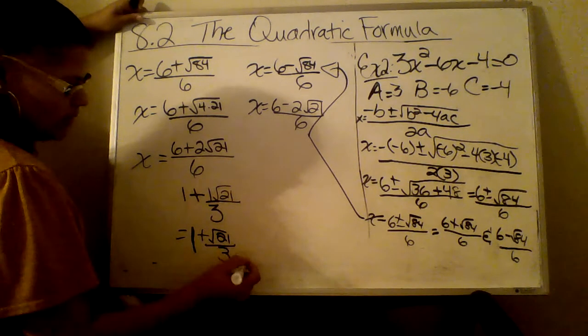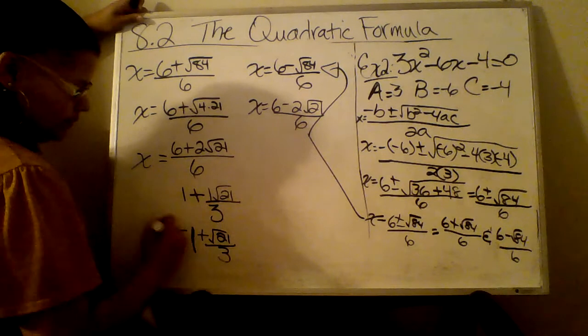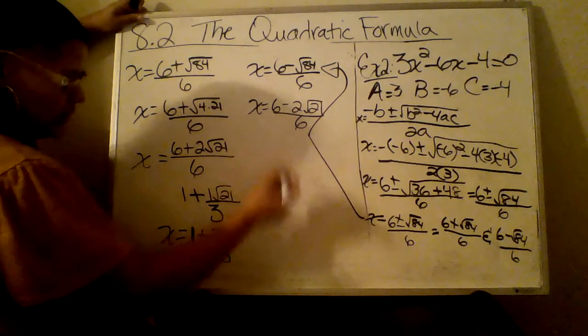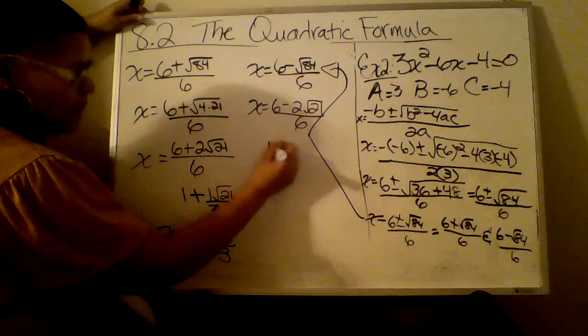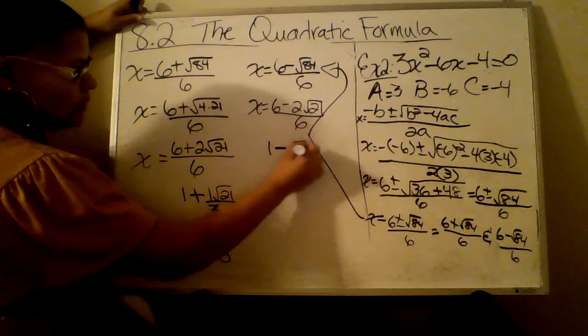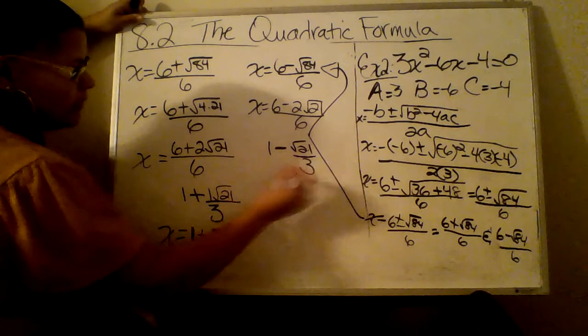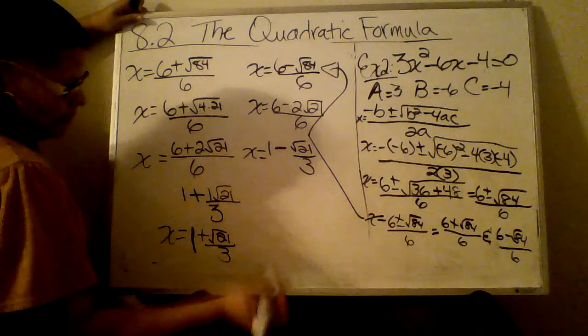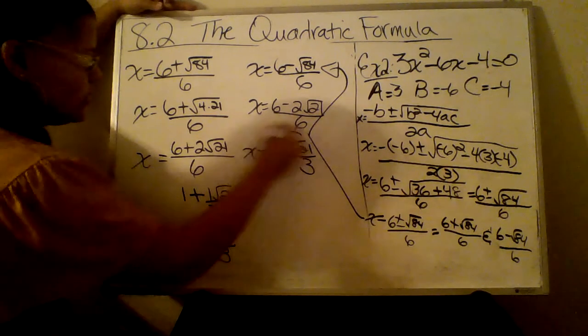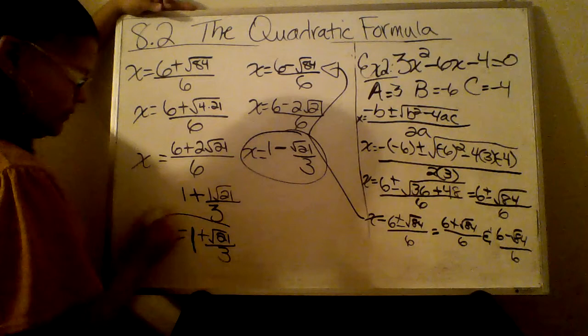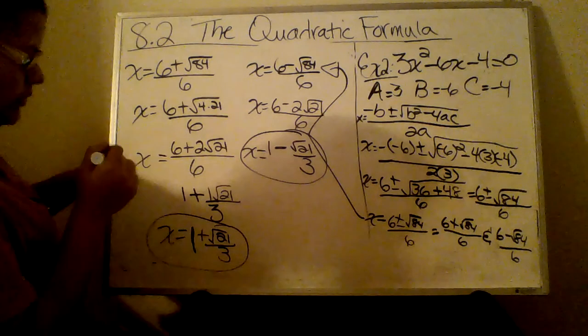So those are the two things there. And then we have this one, same idea: 1 minus radical 21 over 3. All right. So then we end up with our two solutions. That's how you use the quadratic formula.